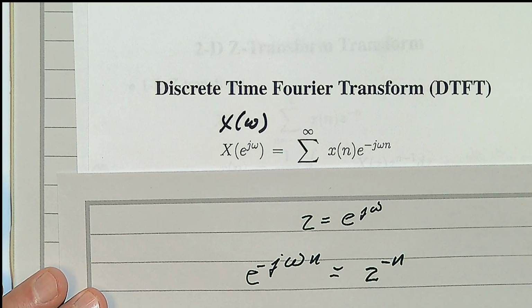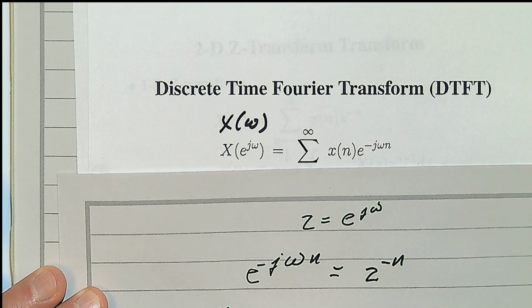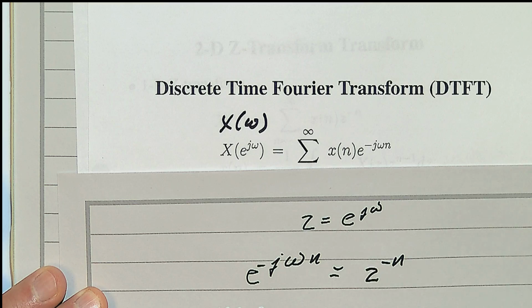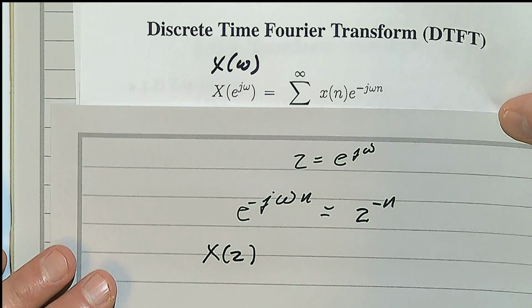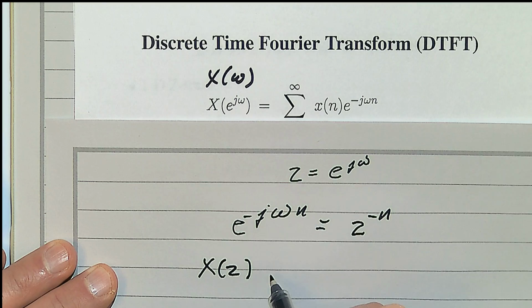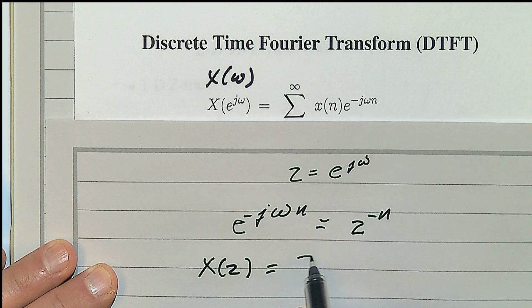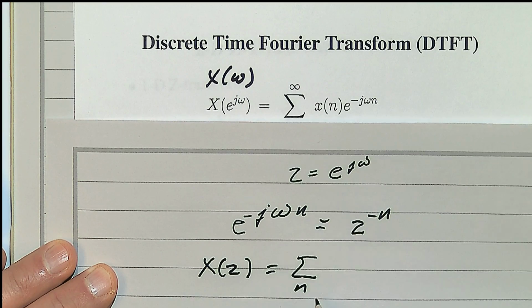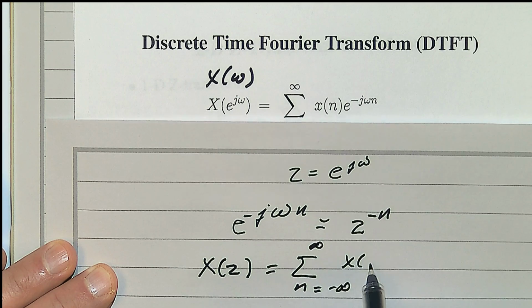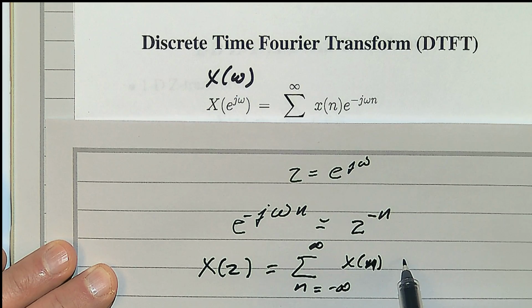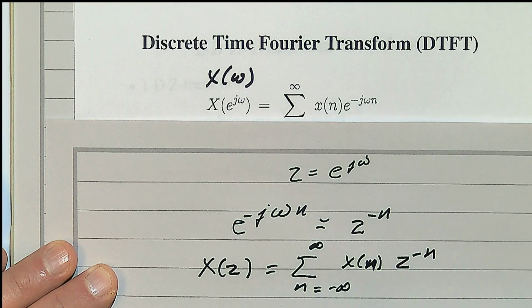So if I make a substitution, I get that X of z is equal to the sum over n, from minus infinity to infinity, of x of n times z to the minus n, right?